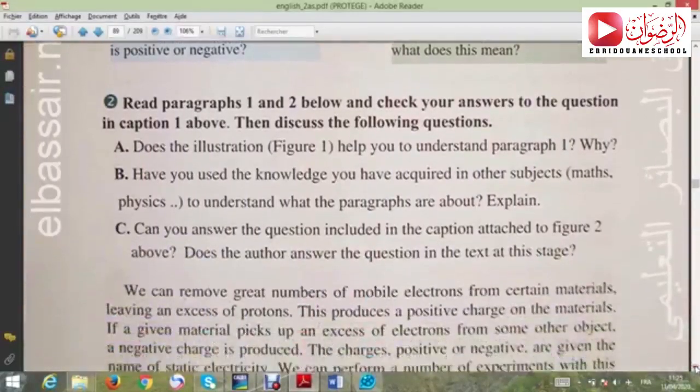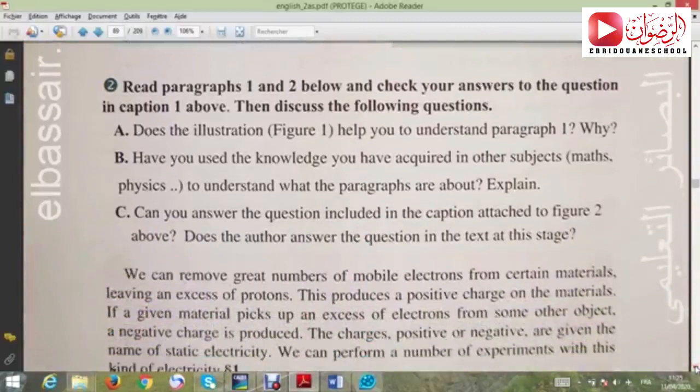In the paragraph, they say: read paragraphs 1 and 2 below and check your answer to the question in caption 1 above. Then discuss the following questions. Does illustration, picture or figure 1 help you to understand paragraph 1, and why?